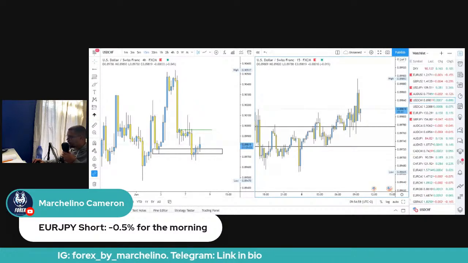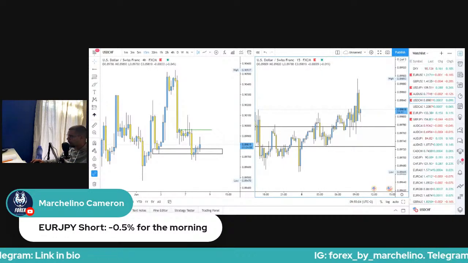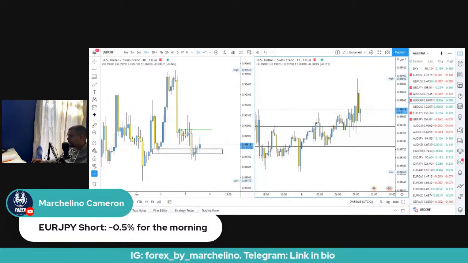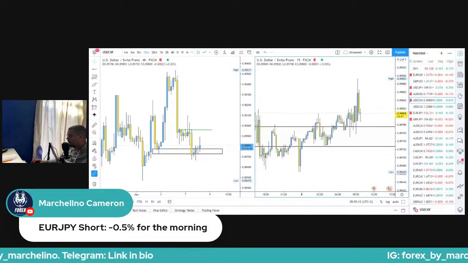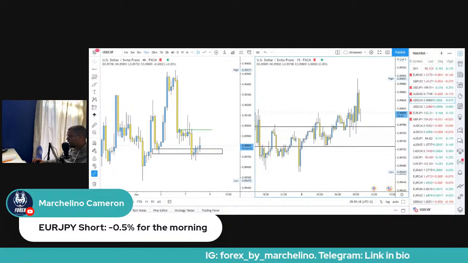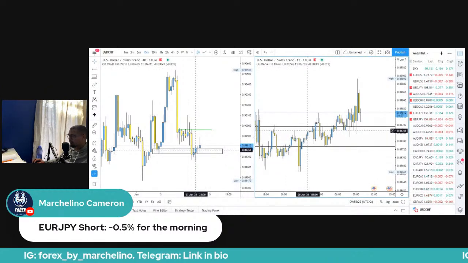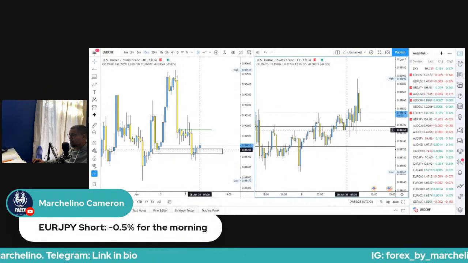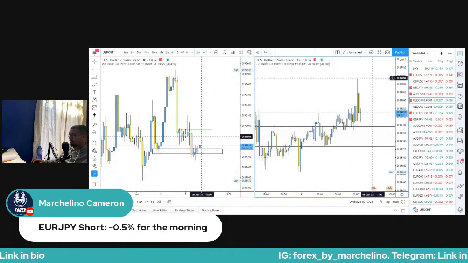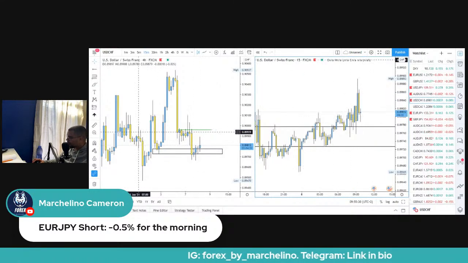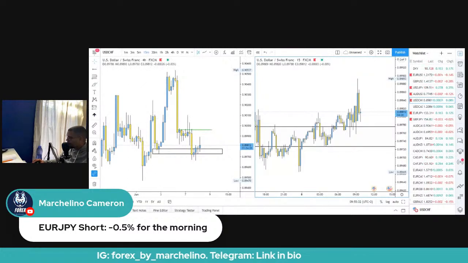Okay, guys. So what we can see is it's quite simple actually. Right now, look at what price is doing. Price is moving up, right? It's just moving up, but not in a good manner.